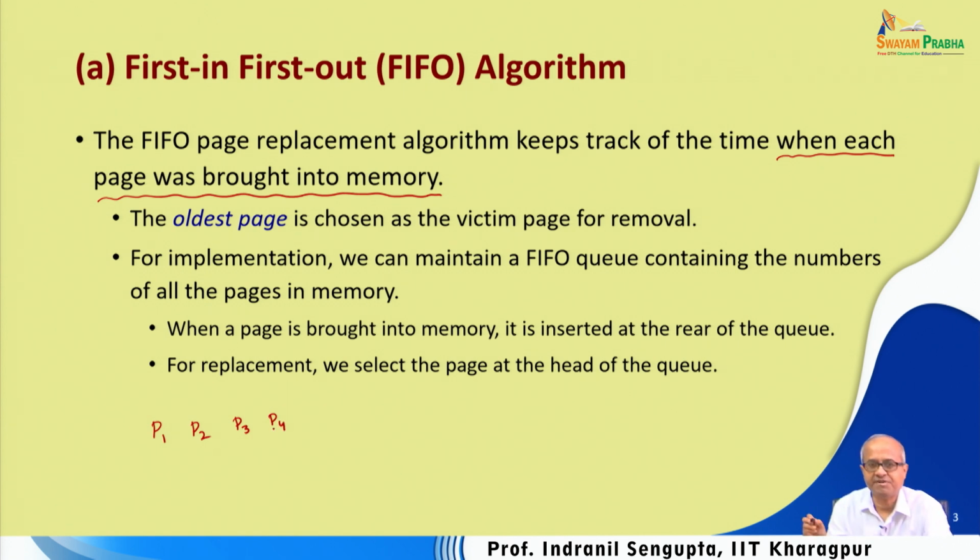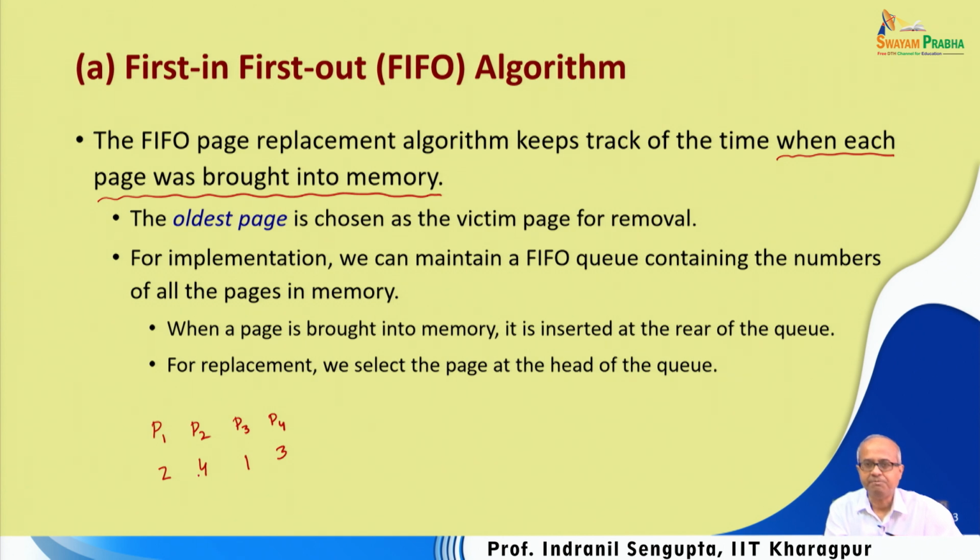On the axis of time you find that page P3 was accessed first, so P3 is 1, then P1 was accessed, P1 is 2, then P4 was accessed, P4 is 3, and then P2 was accessed, 4. So, these numbers indicate some measure of the time when each page was brought into memory, let us say first in.